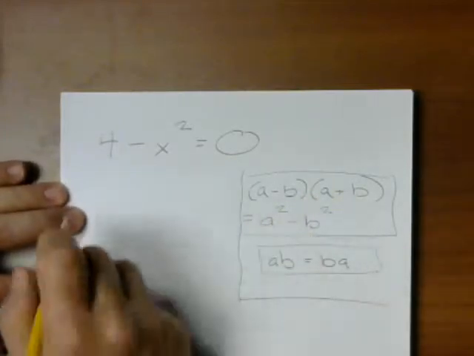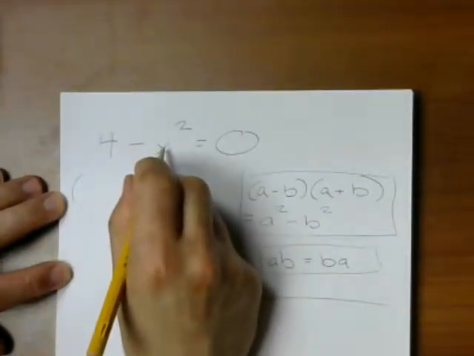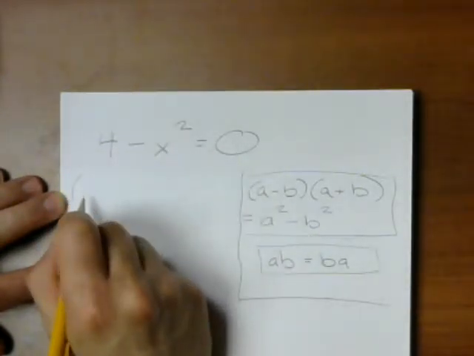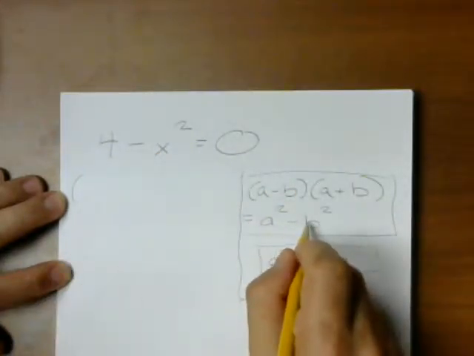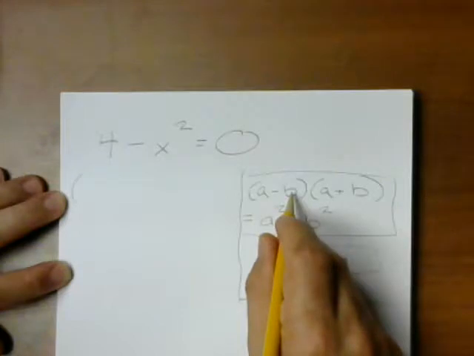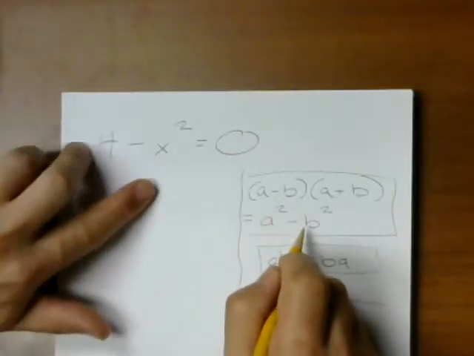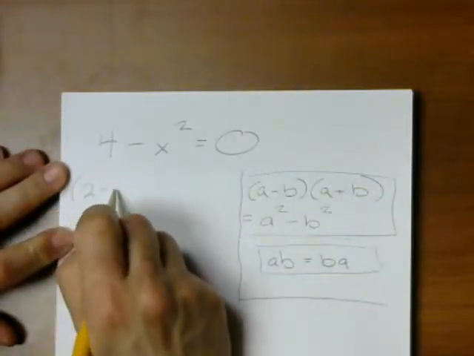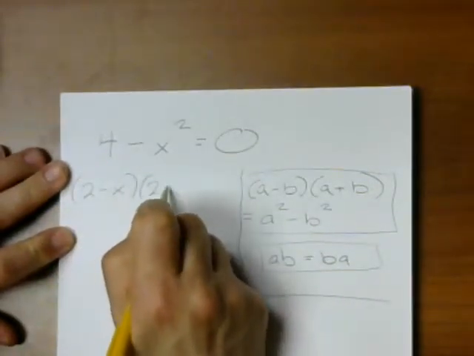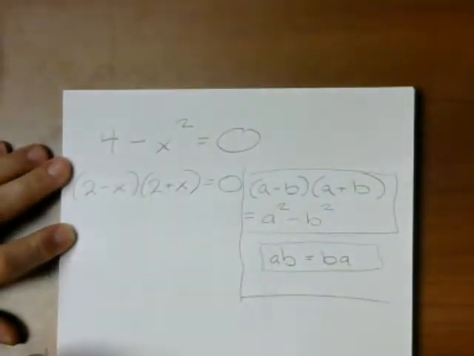If I have a difference of squares, like 4 and x squared, 4 is the square of 2, x squared is the square of x, what I can do is I can use this identity and go from here to here. Here, the a would be 2, and the b would be x. So I have 2 minus x times 2 plus x equals 0.